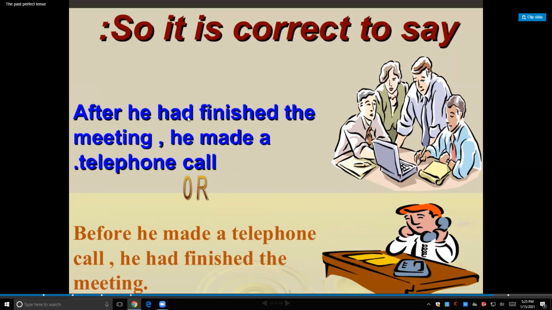After he had finished the meeting, he made a telephone call. Past perfect and then past simple. Or again, if we change the structure of the sentence, before he made a telephone call, he had finished the meeting. But again, the action which took place first is still in past perfect.